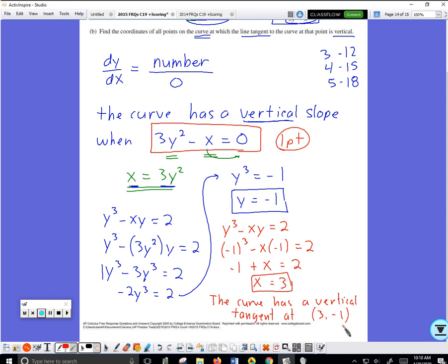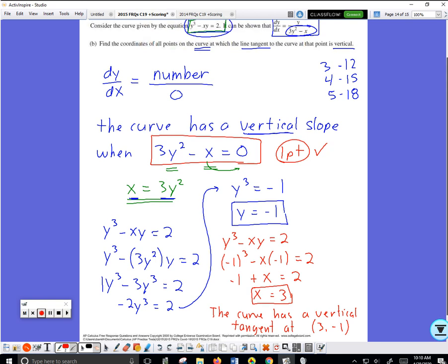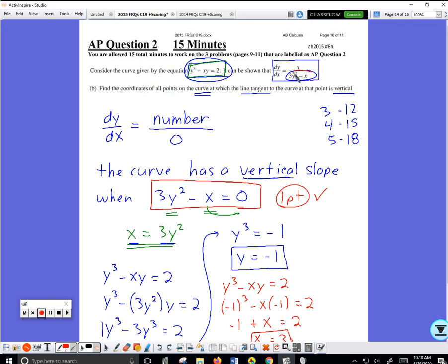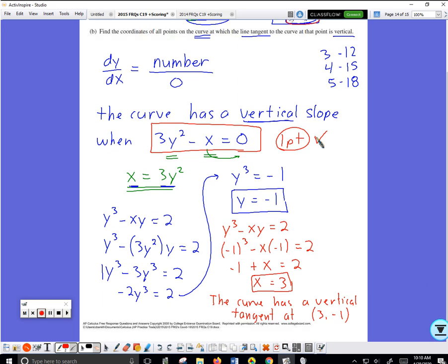The way they give points for this problem, as I said earlier, you got 1 point up here for recognizing that the tangent slope will be vertical when the denominator of the slope equation is equal to 0. So that was this point here. They gave a second point if you are able to make this substitution into this equation.